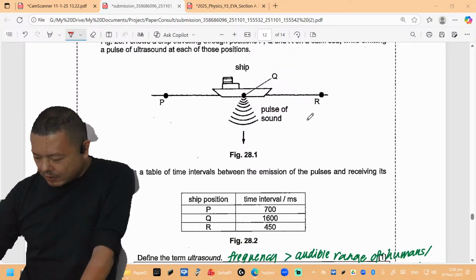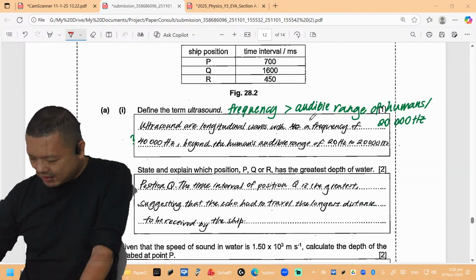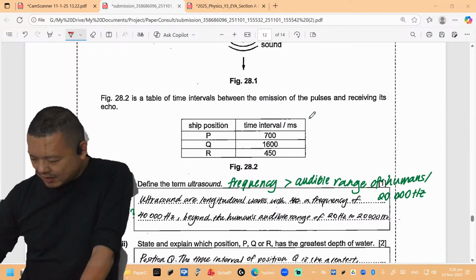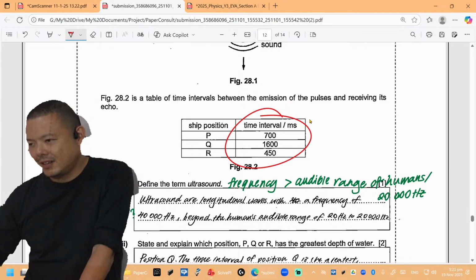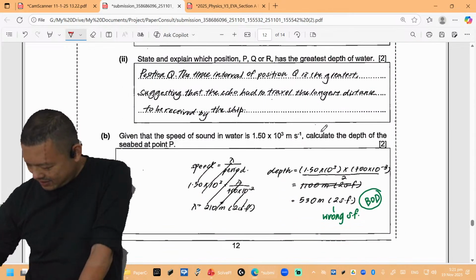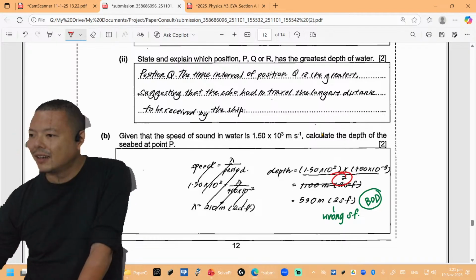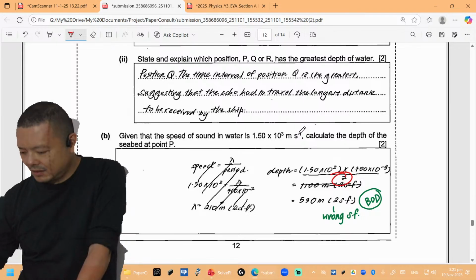Hey, you got ultrasound what? But the time interval you have to halve it, all right? Yeah, you have to halve it. So good.